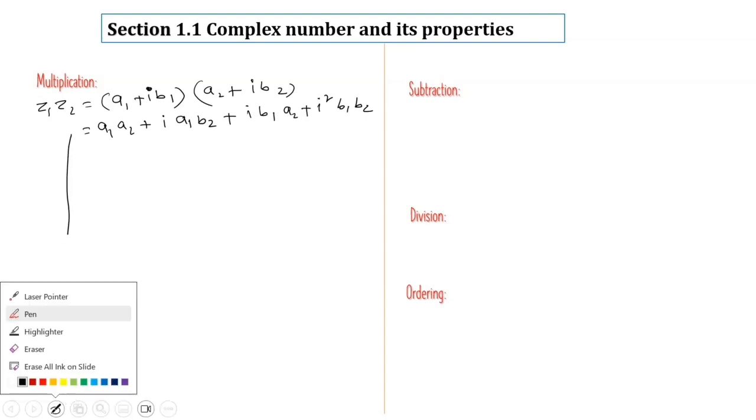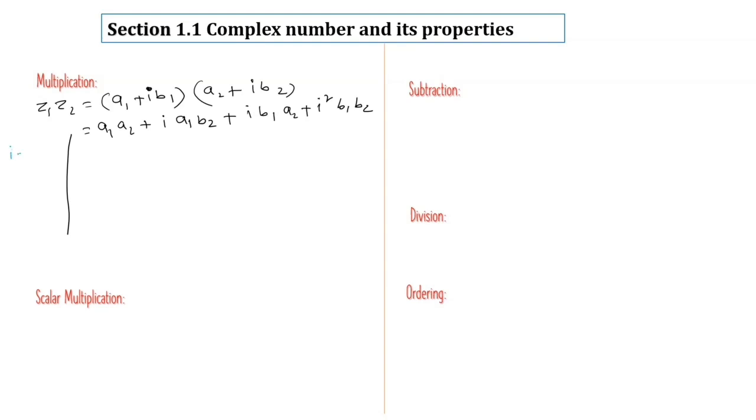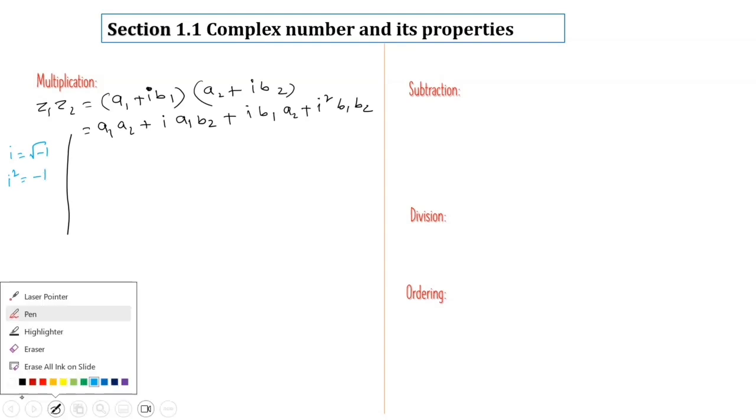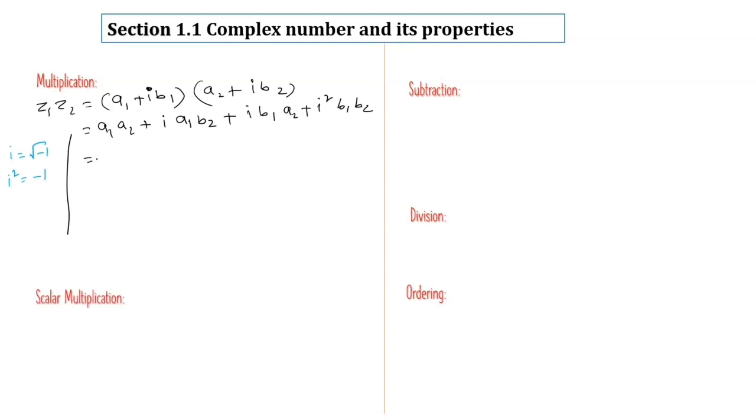So this can be further simplified, because iota square is equal minus 1. So we can rewrite the above expression as a1 a2 minus b1 b2 plus iota times a1 b2 plus b1 a2.